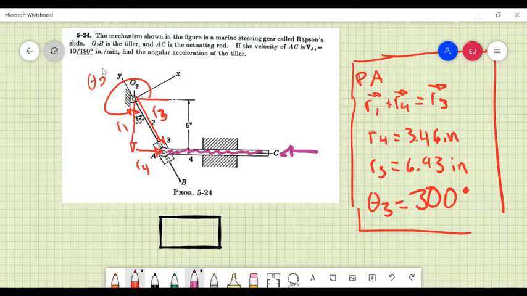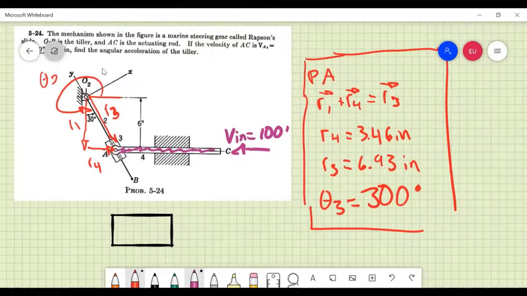I have changed the input velocity to be 100 inches per minute. I just changed it 10 times. Okay.